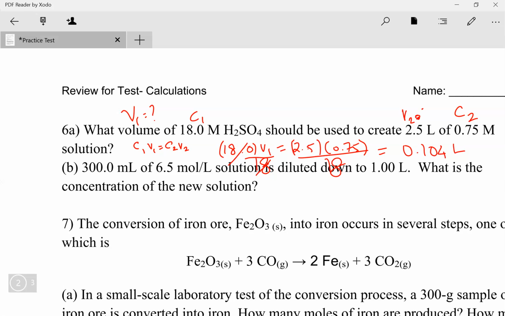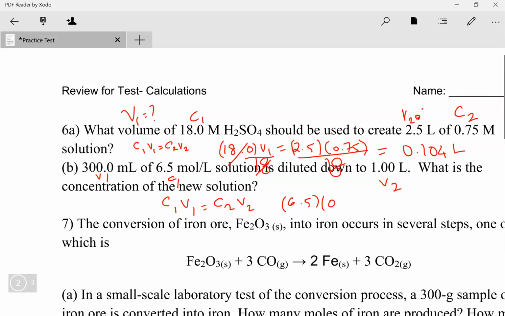And again, our next question is very similar. So we have 300 milliliters, which is V1, 6.5 mole per liter, C1, diluted down to 1 liter. So this is V2. What is the new concentration? C1V1 equals C2V2. C1 is 6.5 times 300.